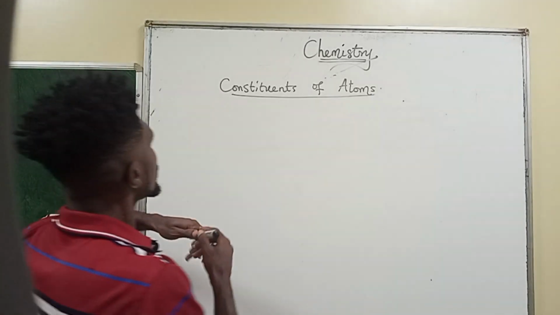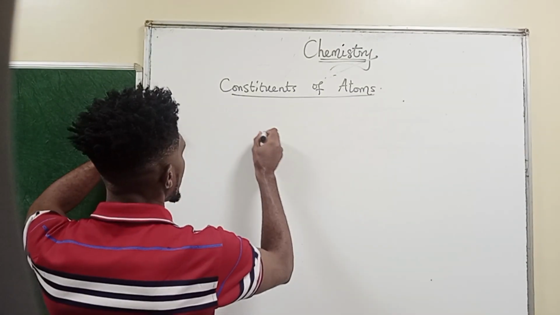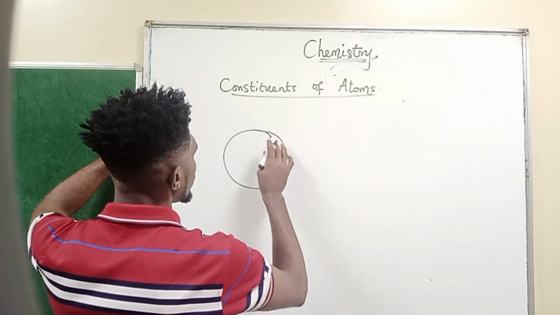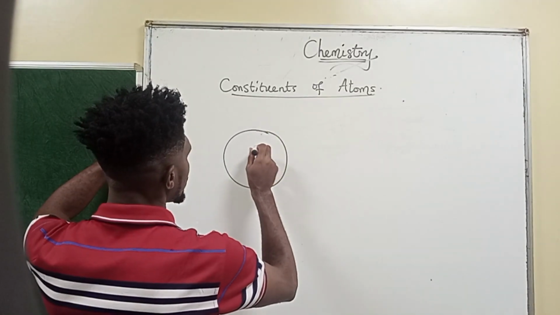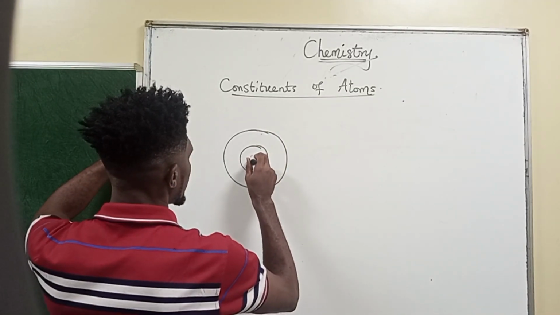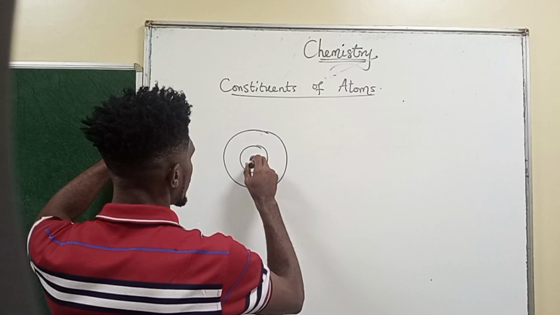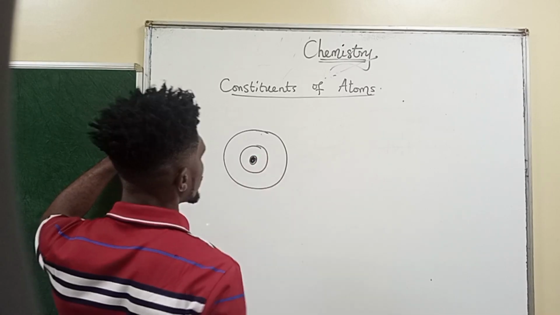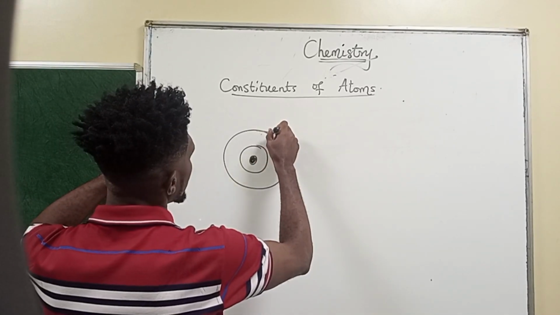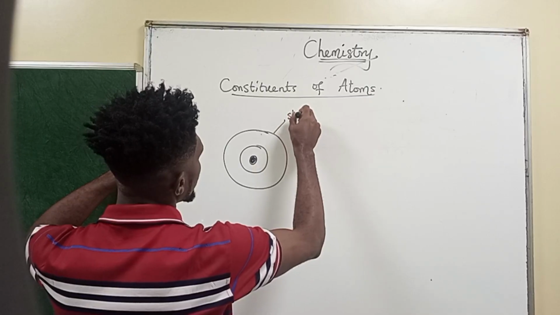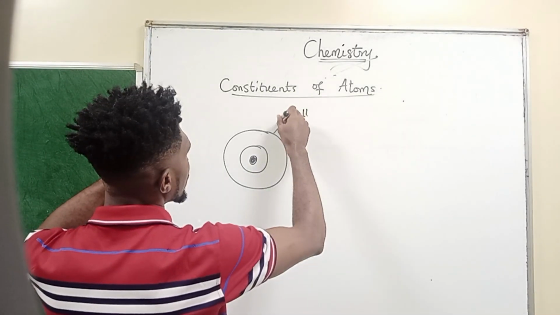Okay? So this is the pictorial representation of atom. This thing here, we call it shell. Okay?